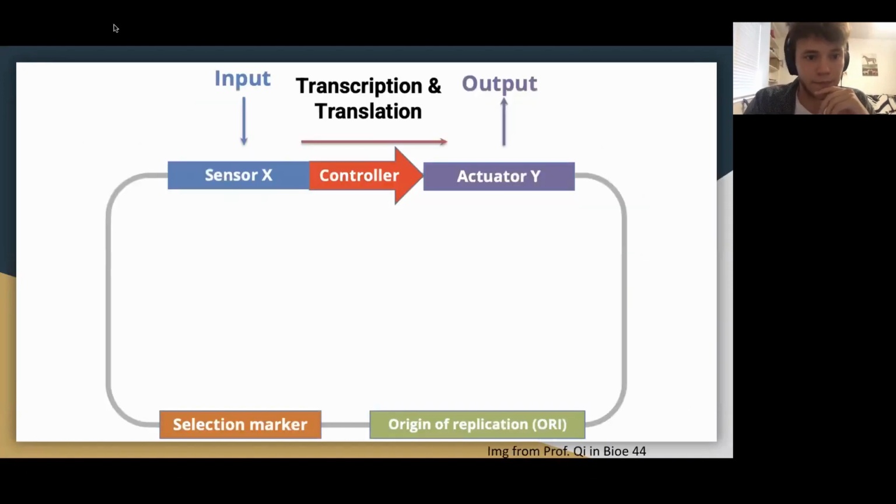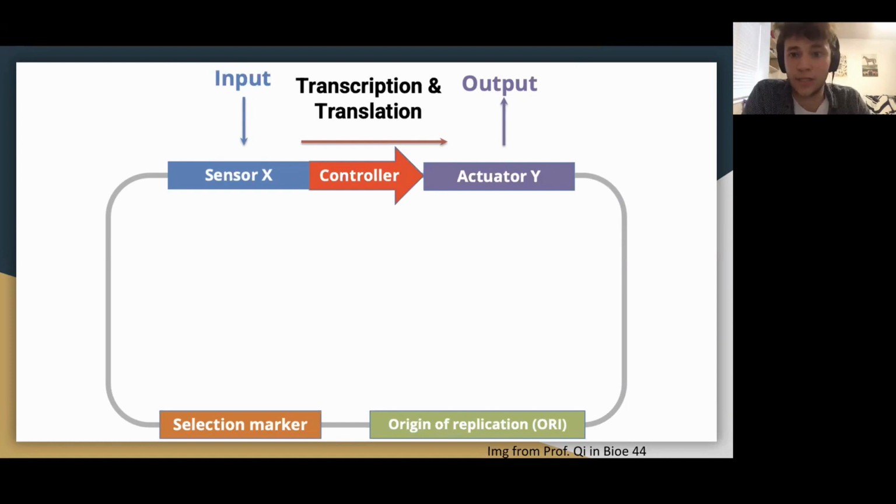We'll continue. Okay, so I wanted to bring back the basic plasmid structure we've been looking at in the last couple of webinars, so you can understand where these inputs fit in. You can see the sensors are about the promoter region. The actuators are your output, so that's going to be your gene of interest.